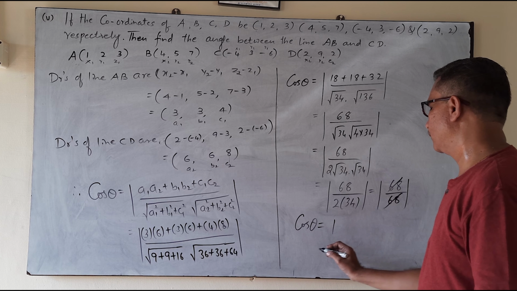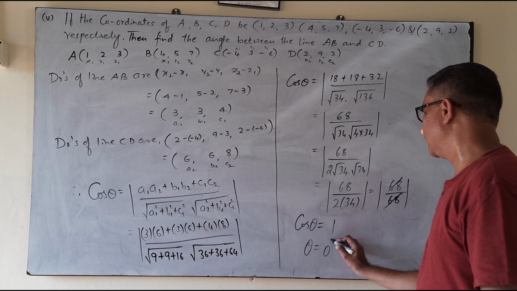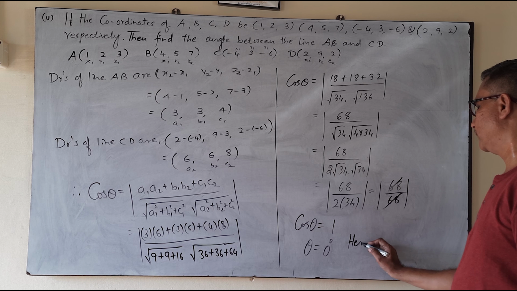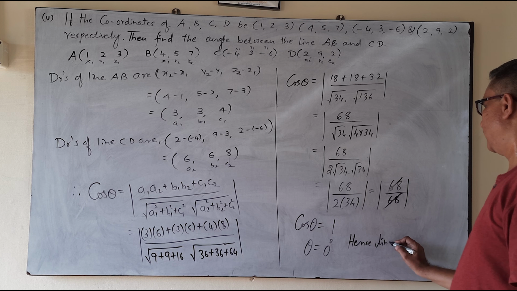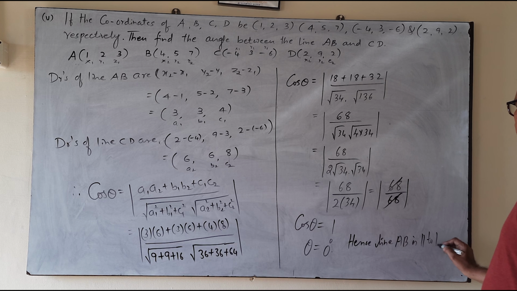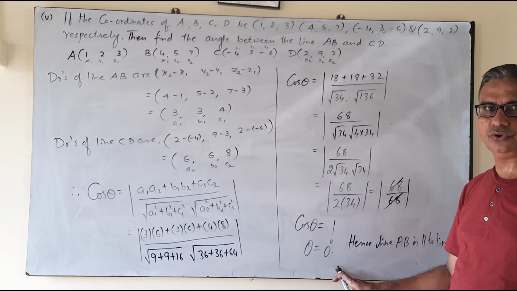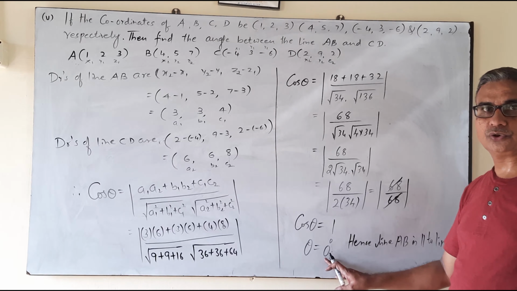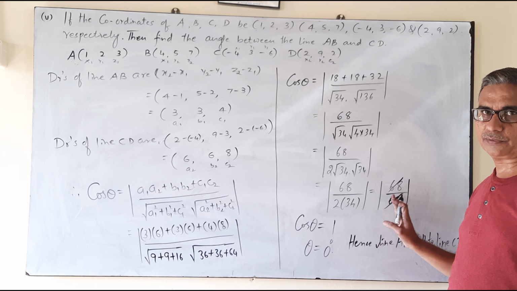Cos theta is equal to 1, that is, angle theta is 0 degrees. If angle theta is 0 degrees, we conclude that line AB is parallel to line CD. Note: theta value 0 degrees, those two lines are parallel. Theta value 90 degrees, those two lines are perpendicular.